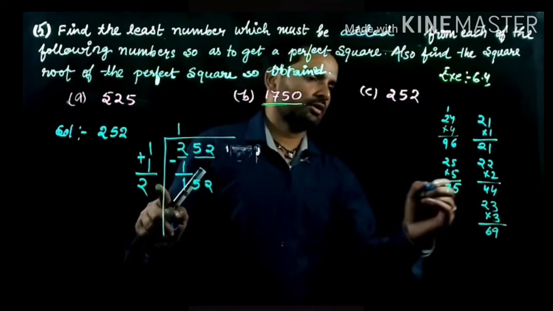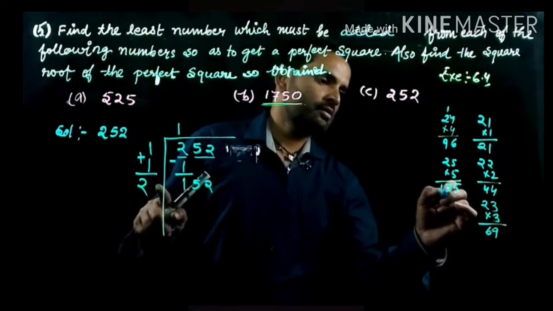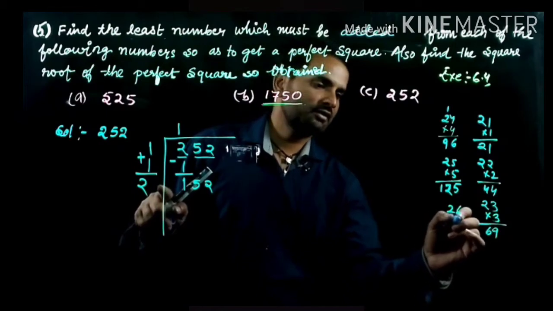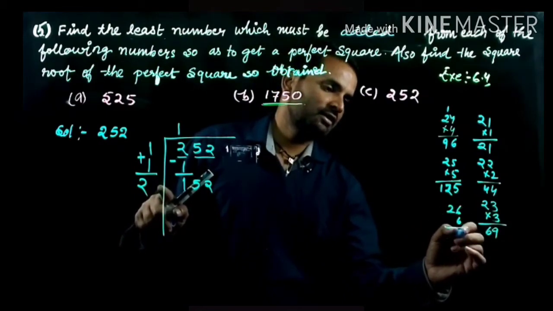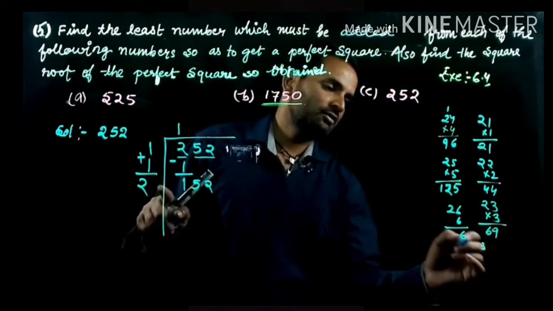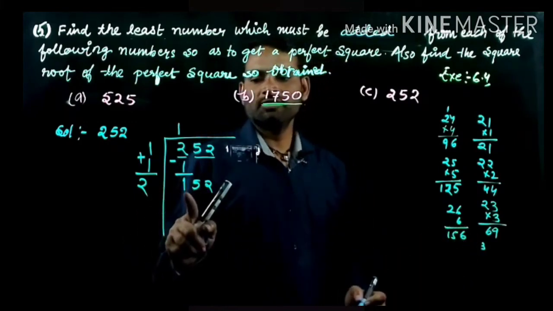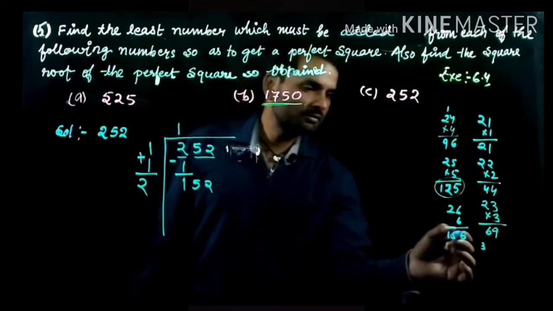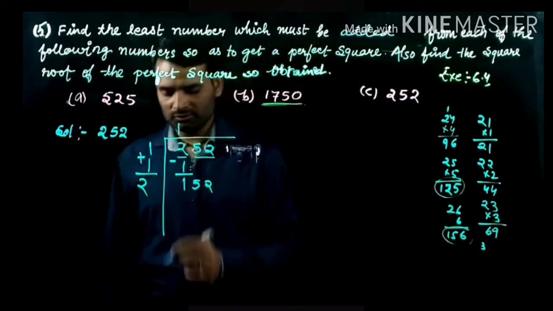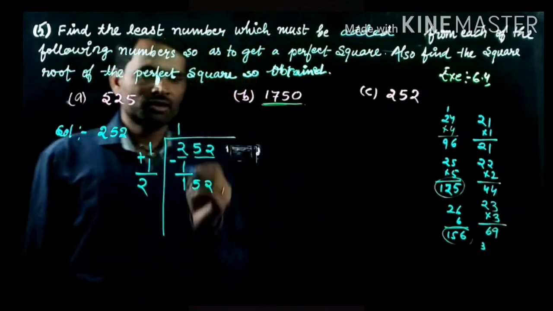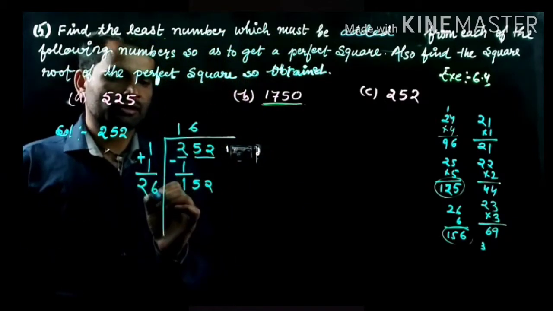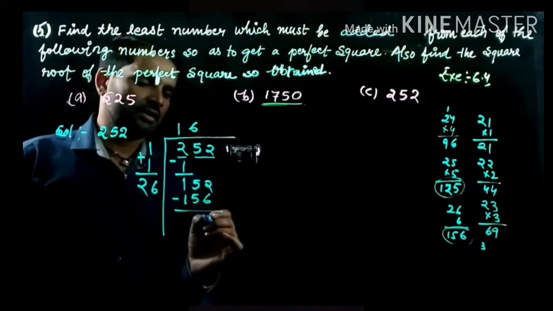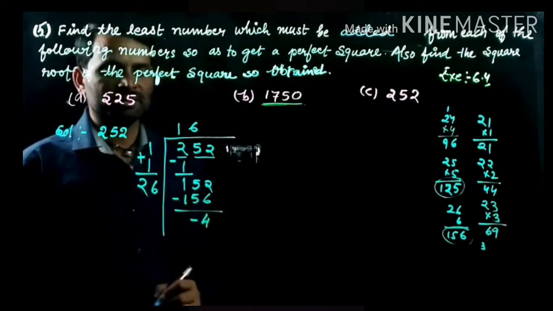125. And next will be 26, because you write the 6, 26 times 6 is 156. So there is 152, and 5 times is 125, and 6 times is 156. So you choose the next greater number, 6 times, 156, and subtract, and 4, it is minus 4.